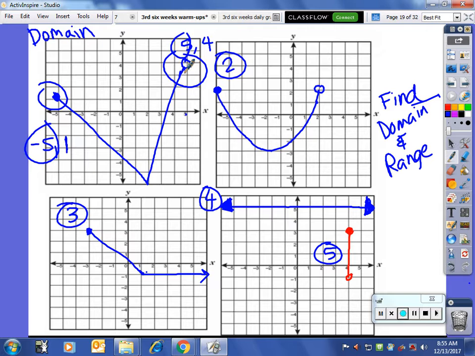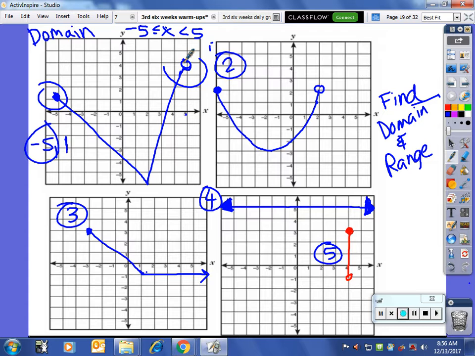So how would we write this domain? -5 less than or equal to x, and then just less than 5. Since this 5 isn't colored in, I cannot put that little extra equal sign underneath this end of the domain. So -5 is less than or equal to x, which is less than 5 because this is not colored in. Are we good with that?